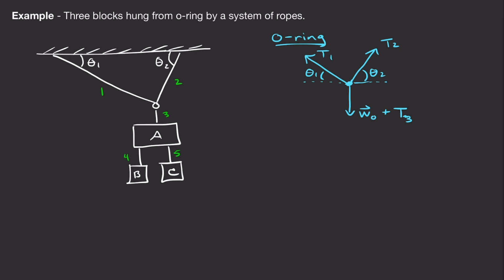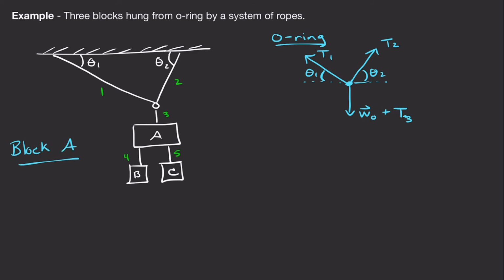Okay, and so that is our free body diagram for the O-ring. We looked at the non-contact forces, and then we only looked at forces that were in contact. And so since blocks A, B, and C are not touching the O-ring, they shouldn't show up in our free body diagram.